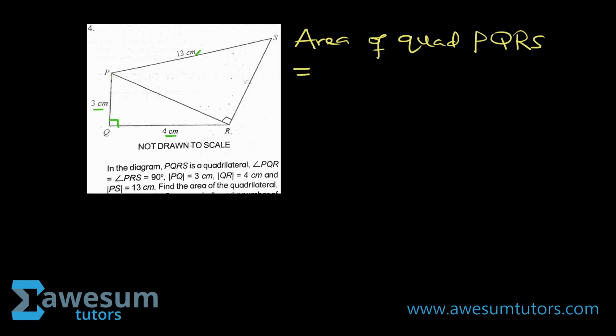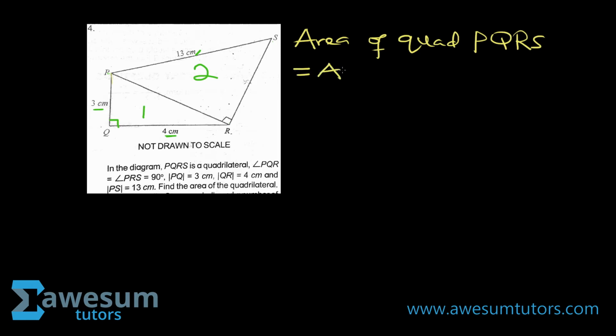It can be divided into this triangle right here, triangle PQR, and this is another triangle, PRS, right?